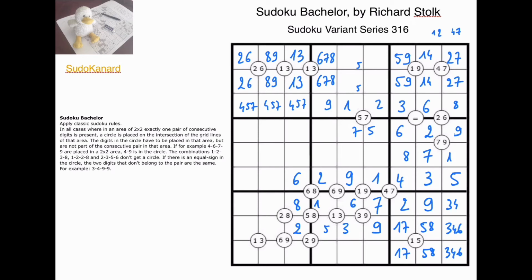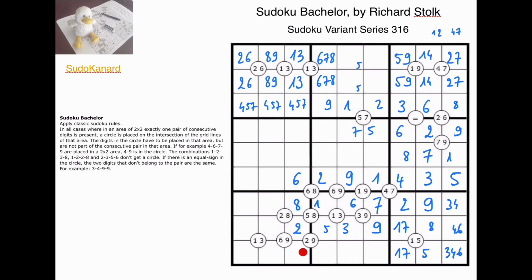Okay, so this 5, this 3 have some impact on this. And now here we can't have, actually both 1 and 7 are okay to prevent this from having a circle. Now we need 6 and 9, sorry.